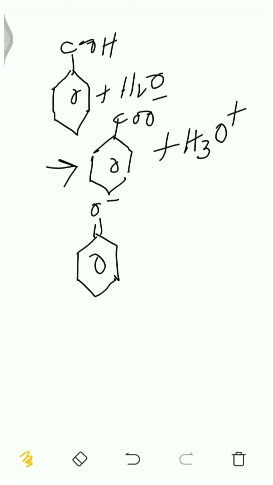The phenoxide ion is produced in case of the phenol, and it takes part in the delocalization, the development of the negative charge on this part and this part, which plays a major role in the acidity of the phenol, producing a resonating structure with the benzene ring to get stabilized.